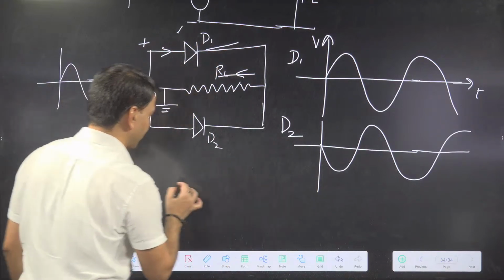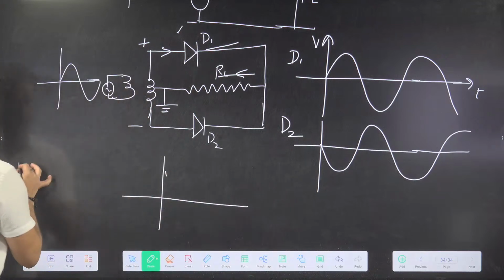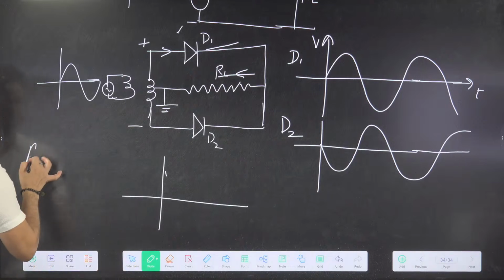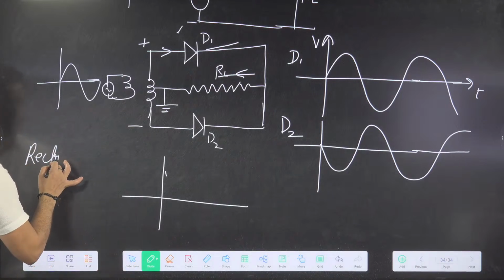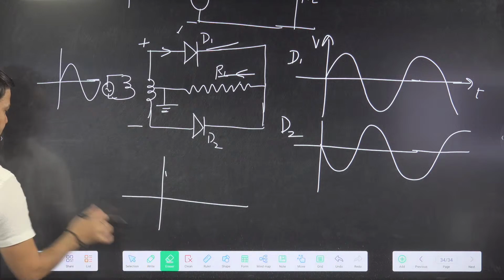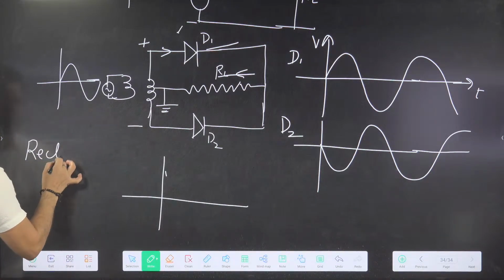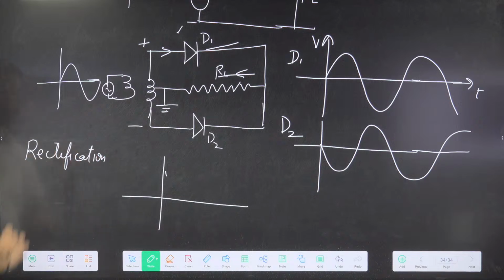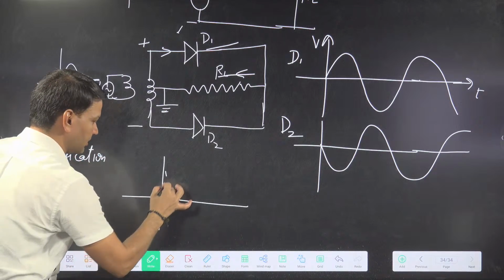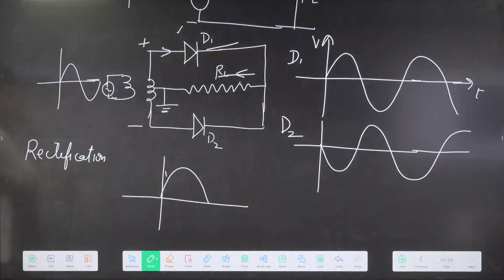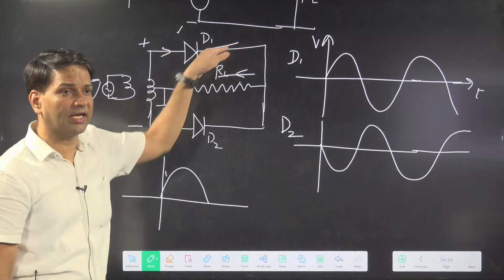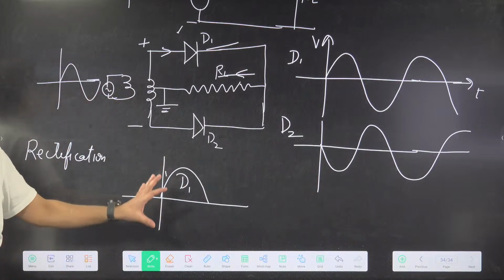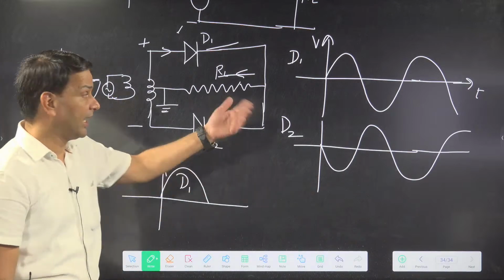So now I am drawing the output after rectification. After rectification, what will happen? First, you get the cycle. This cycle you got due to the D1, because D1 has conducted the current through the load. So this first half cycle you got due to the D1. Next, what will happen?